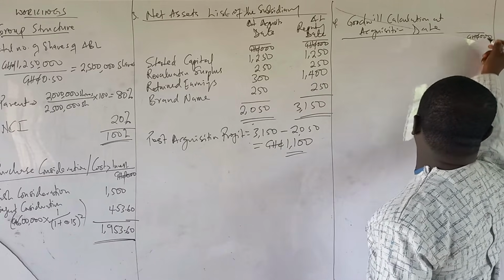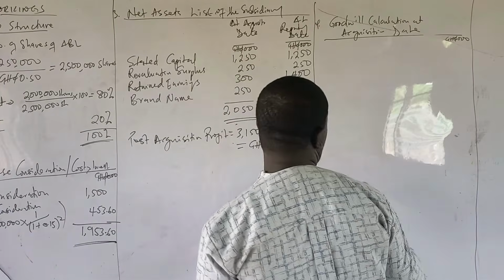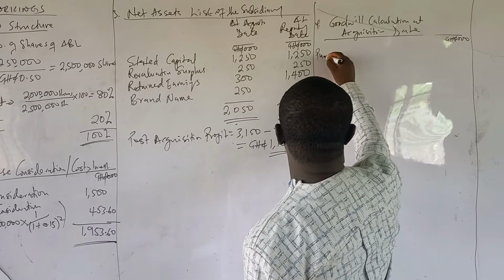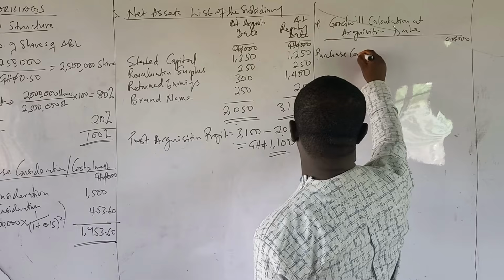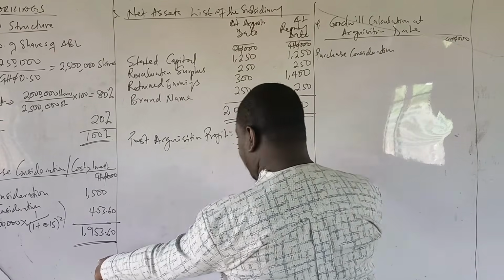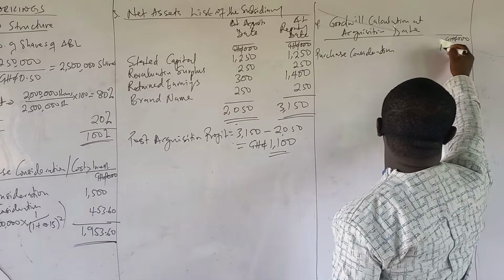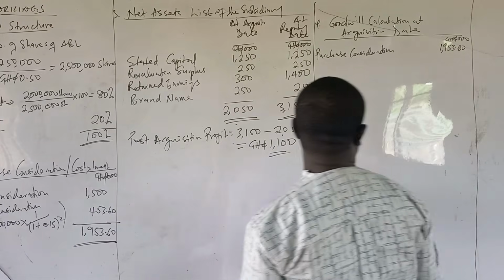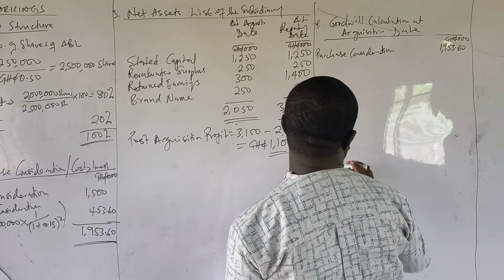Let me put 3 zeros up like that. Okay, so we have the purchase consideration. We all know we begin with the purchase consideration of the parent. And we have worked that to be 1,953.60. Okay, so that is the purchase consideration.